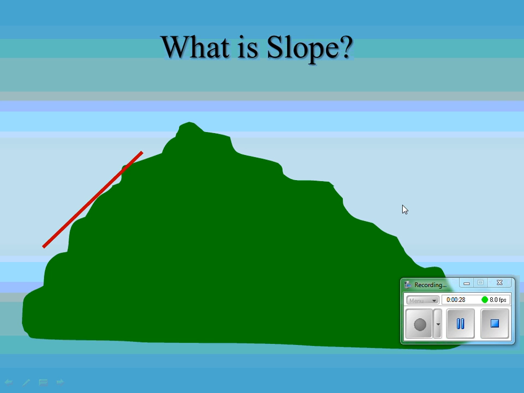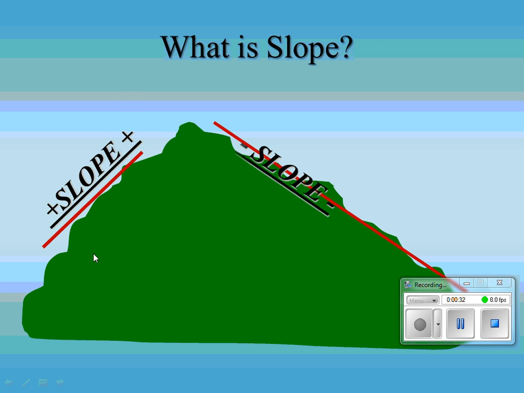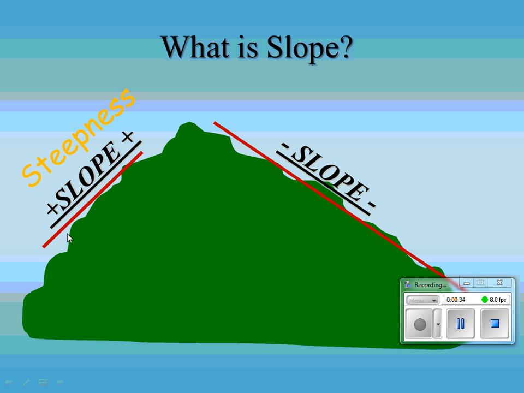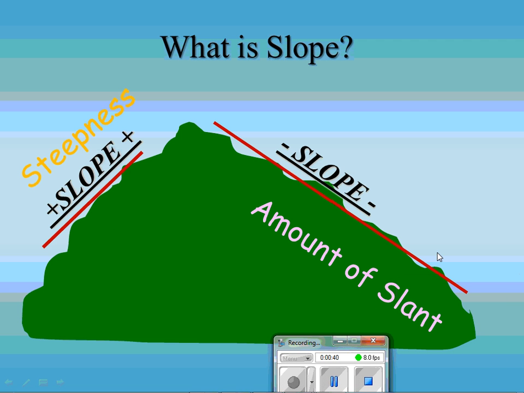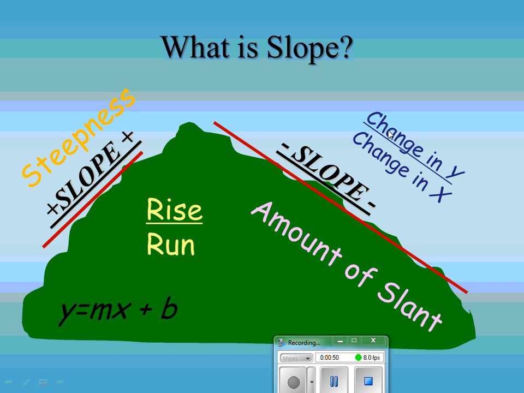What is slope? Let's look here. We can talk about slope in several ways. We can say it's steepness, the amount of slant, or rise over run. We can also say it's a change in y over a change in x.